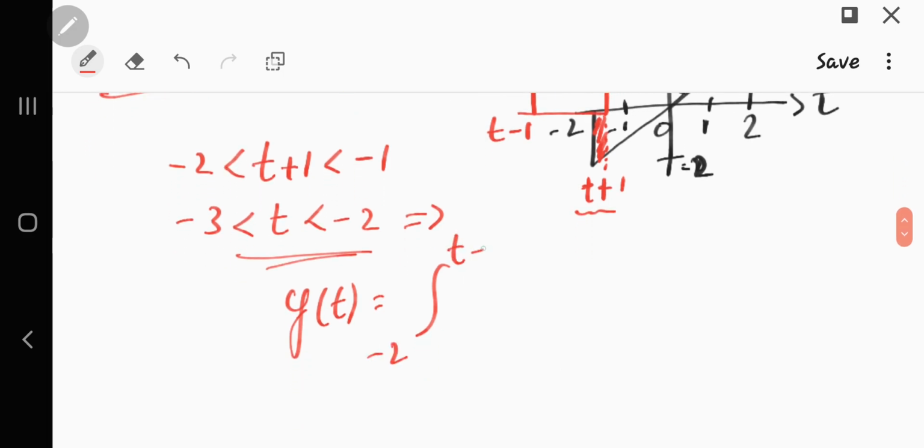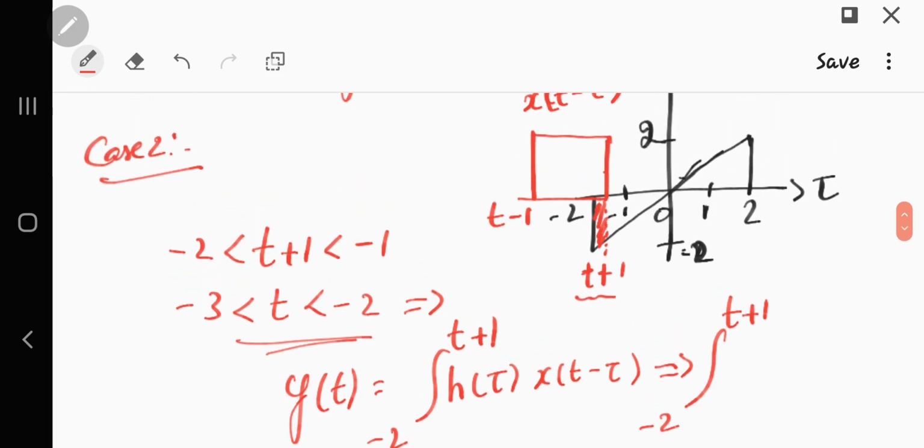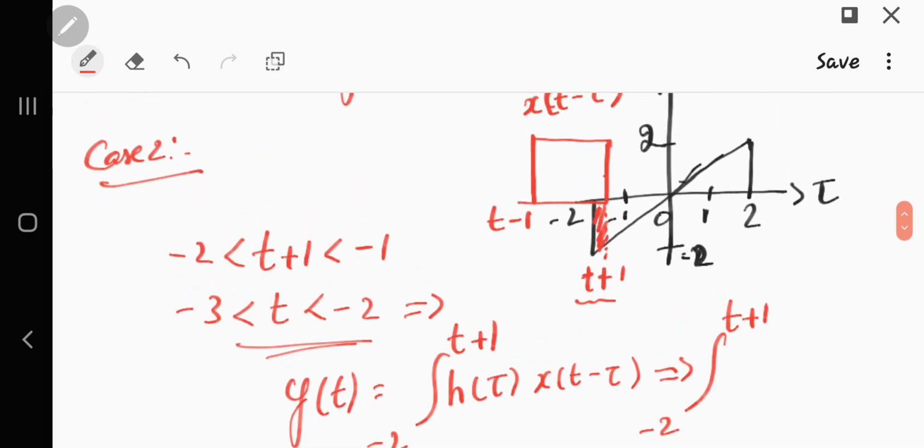So what is h of tau times x of t minus tau? Let's substitute the value here, minus 2 to t plus 1. The value of h of tau, this is a ramp signal, it will always remain the same, that is t, but since it is h of tau, we will represent it as tau here.